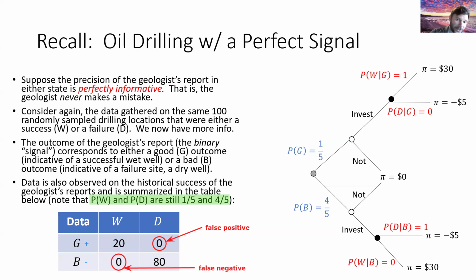Similarly, the geologist is going to make a false positive also 25% of the time, meaning out of the 80 dry wells, the geologist is going to accidentally give the thumbs up 20 out of 80 times. Now, the other thing we want to remember is that we used this historical data to figure out every one of these probabilities in our tree diagram.